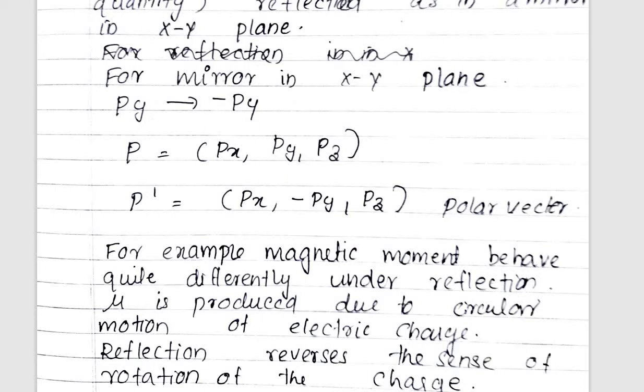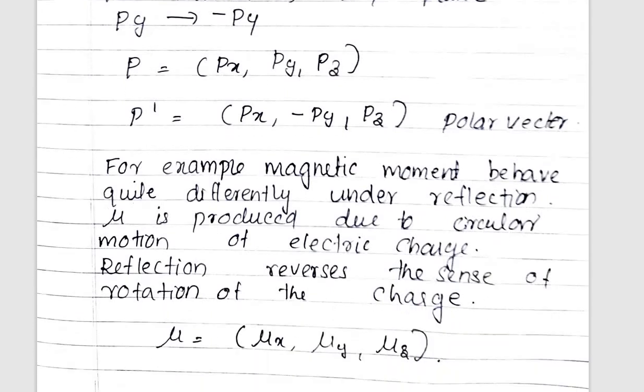But there are another type of vectors, as we discussed earlier: the magnetic field, torque, or magnetic moment, which behave quite differently under reflection. We can take the example of magnetic moment mu, which is produced due to the circular motion of an electron.